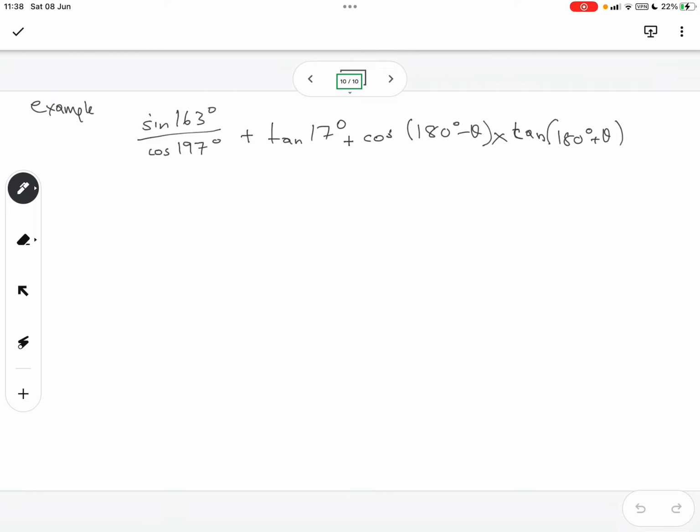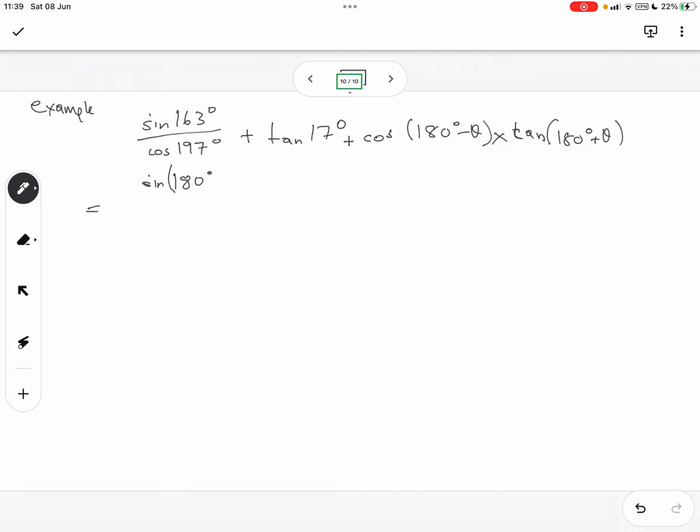Once you have them, this is a quotient identity, so it's tan. And since one of them is going to be negative, it gives you negative tan 17. When you add it to plus tan 17, they become additive inverses, and the answer ends up as negative sine.